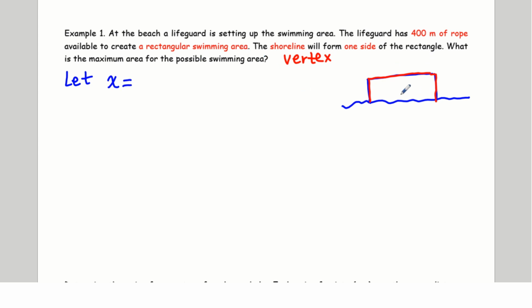This is a rectangle, and in order to find the area, we need to find the length and width. So we are going to introduce the variable x for these 2 sides, and we could say this is the width. So let x represent the width.